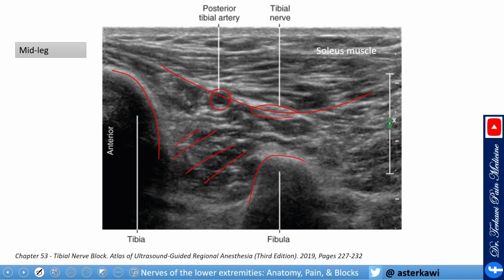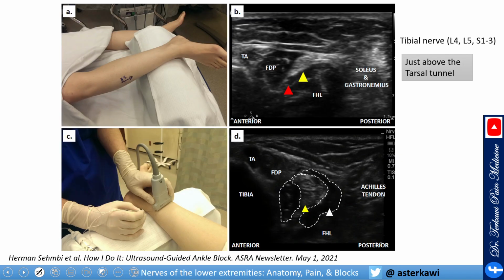And of course, if you're treating soleal sling syndrome, you have to go above that. You have to go just where the soleal sling is, and you can do hydrodissection with the injectate at that level. Here, just above the tarsal tunnel, you still can appreciate the posterior tibial artery running with the nerve, and here you start to see the flexor digitorum and the flexor hallucis longus tendons.